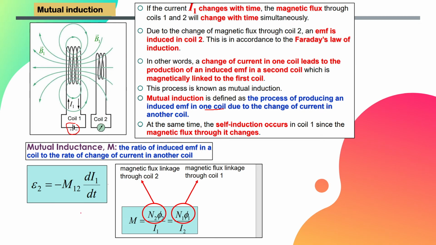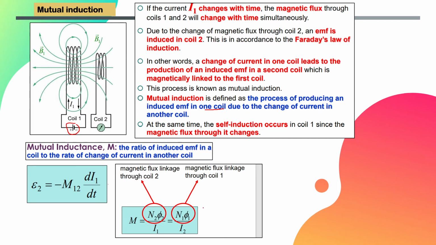So this is the equation of the mutual inductance, where mutual inductance M is the ratio of the induced EMF in a coil, which is coil 2, to the rate of change of current in another coil. The rate of change of current in another coil refers to coil 1.